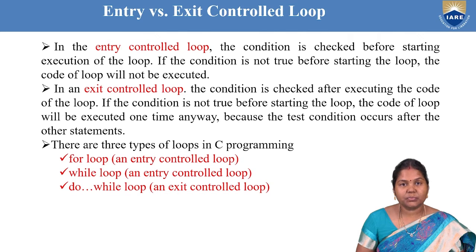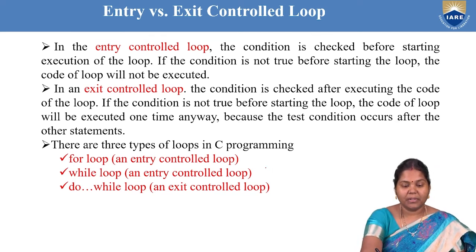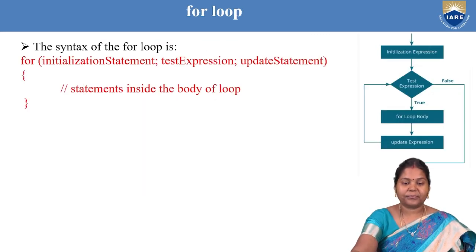If the condition is true, then the loop will be repeated until the condition is no longer satisfied. So, for loop is an entry control loop, while loop is also an entry control loop, whereas do while is an exit control loop.